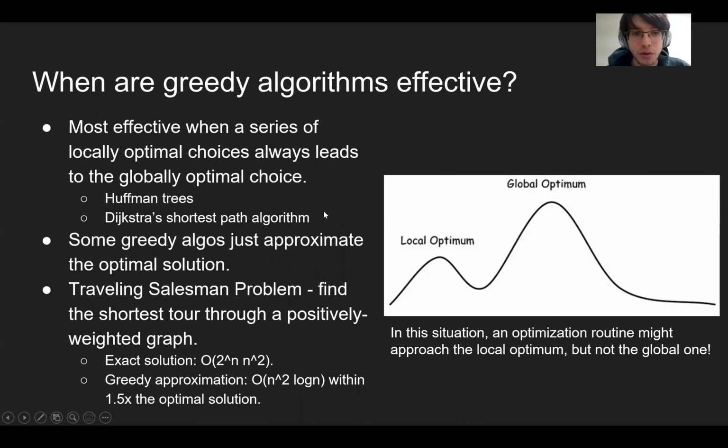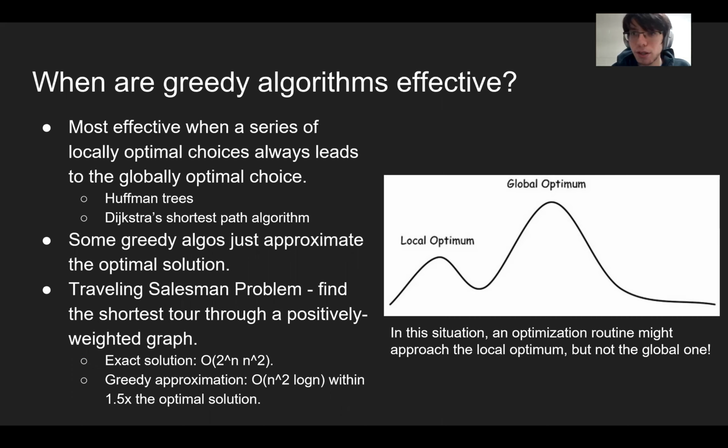Okay, so when are greedy algorithms effective? They're usually effective when a series of locally optimal choices always leads to the globally optimal choice. There are examples of that. For example, Dijkstra's, which we talked about last week. After you relax the edges, you choose the vertex that's the shortest distance away from any of the visited ones among the unvisited vertices.